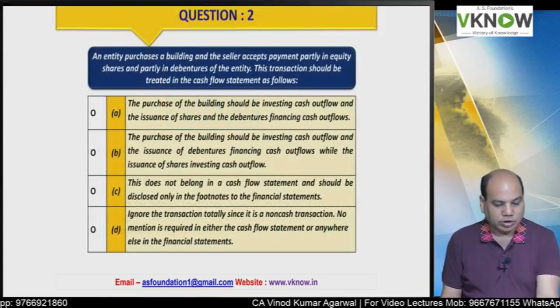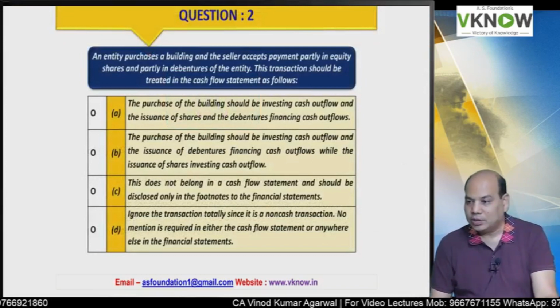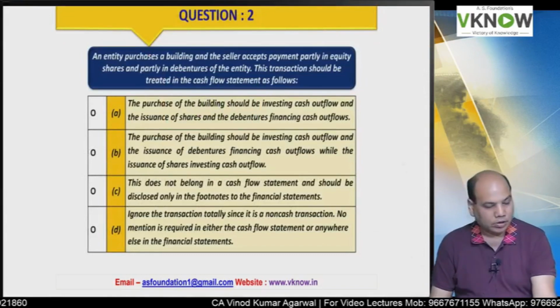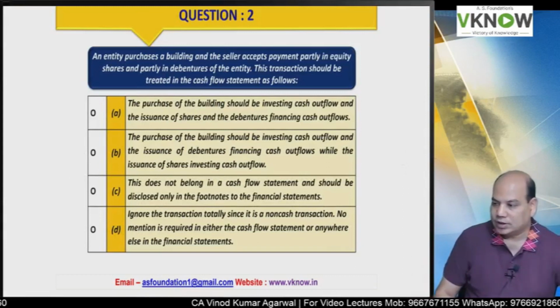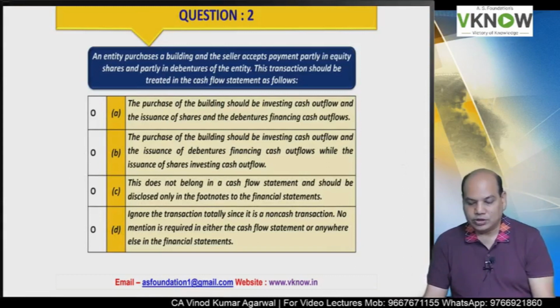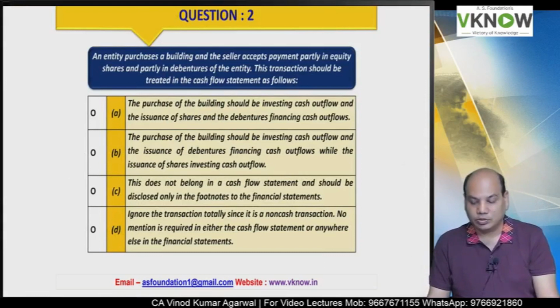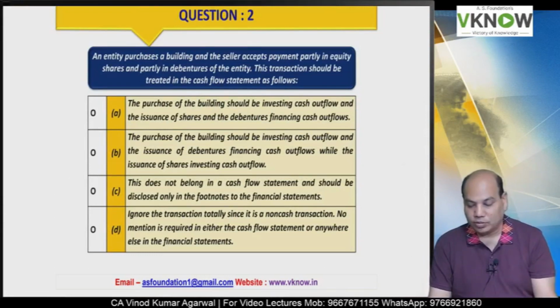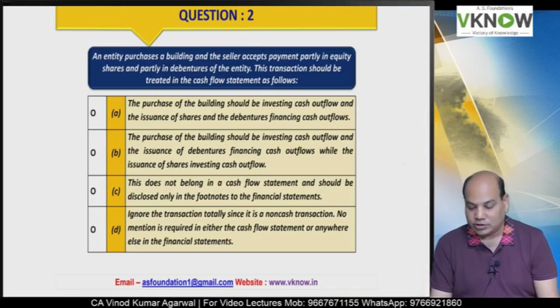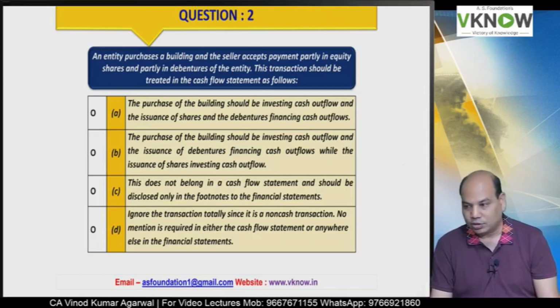Okay, come to question number 2. An entity purchases a building and the seller accepts payment partly in equity share and partly in debenture of the entity. Some portion of the payment was made in the form of equity share, some in debenture. This transaction should be treated in the statement of cash flow as follows.